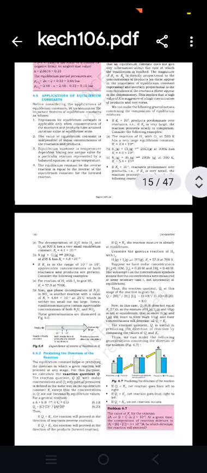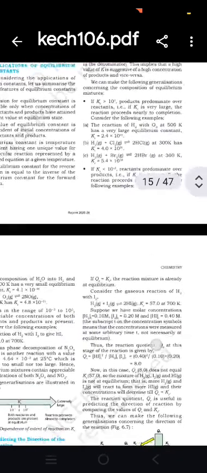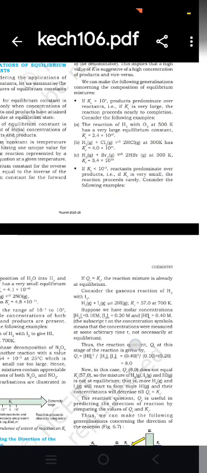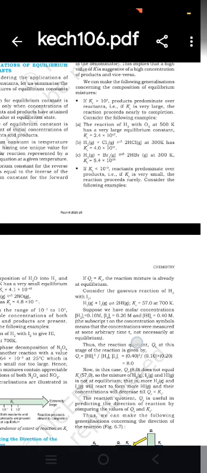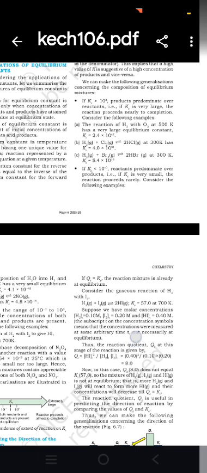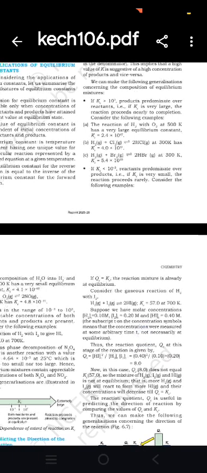The reaction of H2 with O2 at 500 Kelvin has a very large equilibrium constant, Kc = 2.4 x 10^47. H2 + Cl2 gives 2HCl at 300 Kelvin, with Kc = 4.0 x 10^31. H2 + Br2 gives 2HBr at 300 Kelvin, with Kc = 5.4 x 10^18.